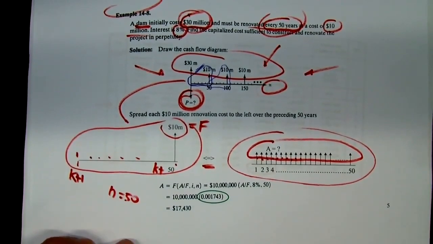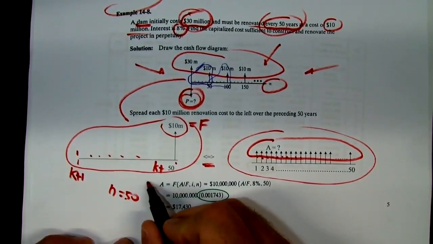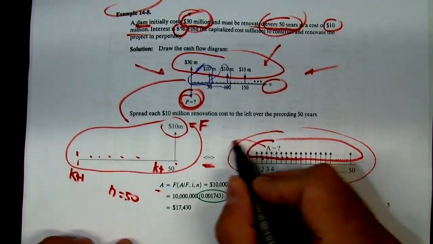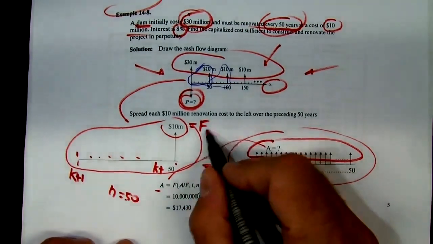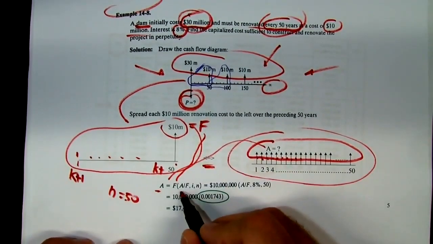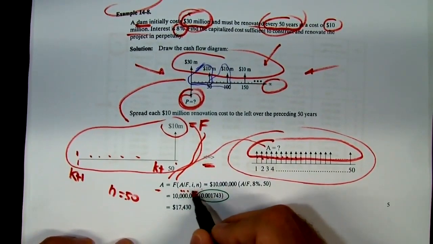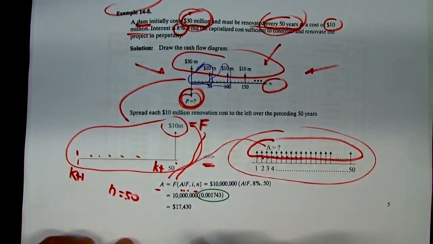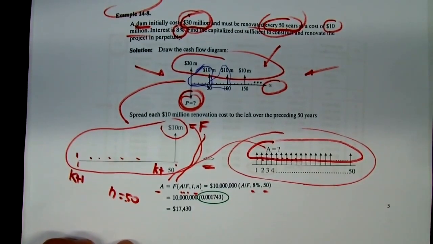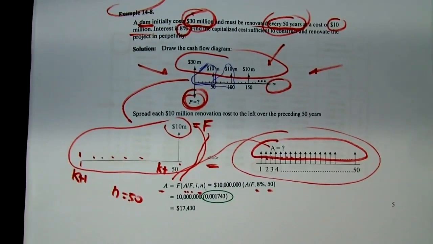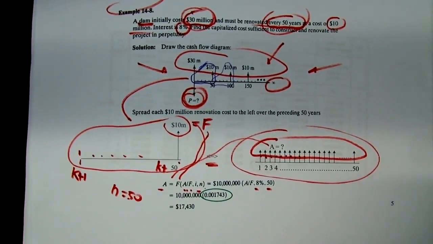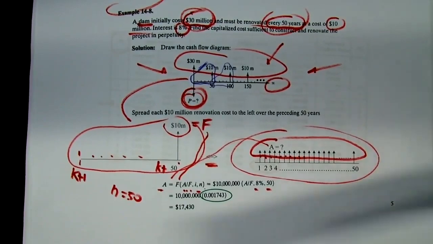So if you do that, your A, which is your unknown, is calculated with your F and then A given F, I, N, where I is 8% and N is 50. If you look at the back of the book table, we have that right here.